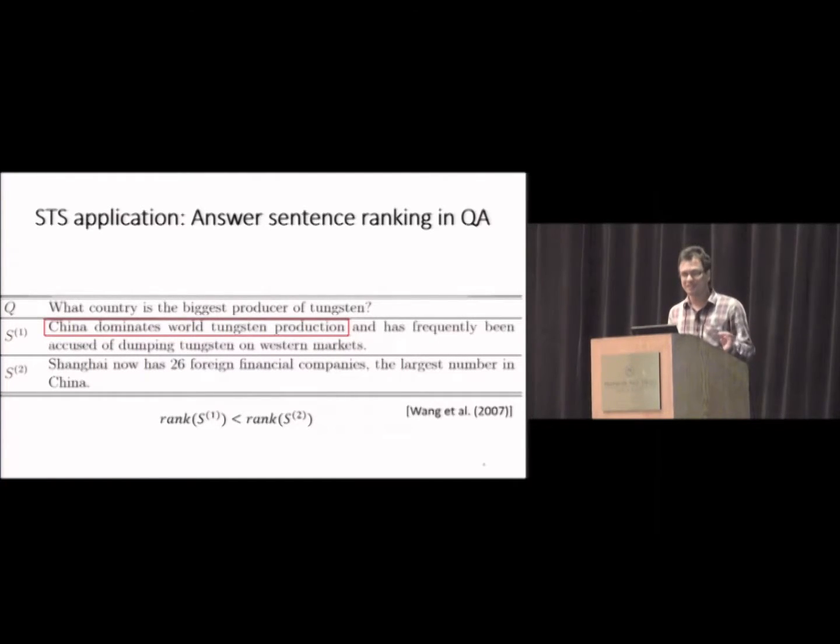Most existing systems solve this problem by computing the semantic similarity between the question and each of these answer sentence candidates and ranking them based on that score. In this example, sentence 1 within that red box actually contains an answer to the question, and that's why the rank of sentence 1 is higher. High ranks are represented by low numbers.